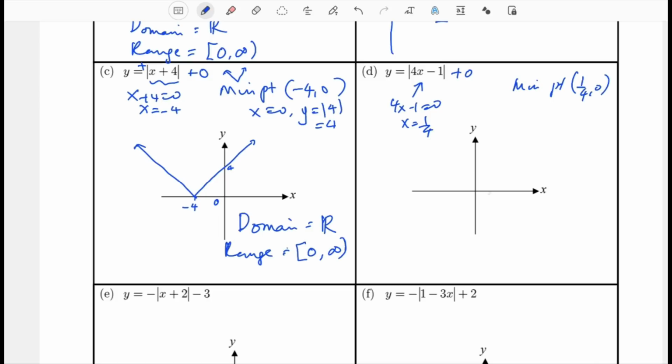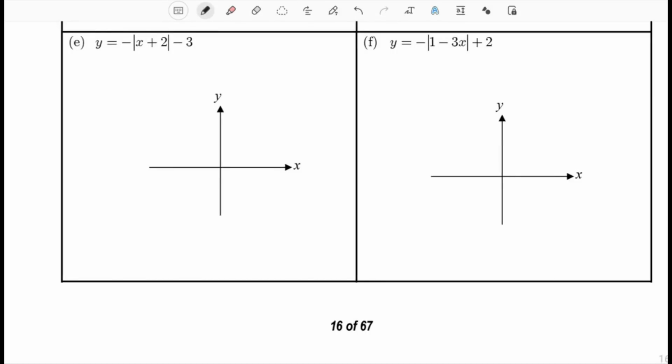So find your (1/4, 0) somewhere here. Okay, when x is 0, you get y equals modulus of -1, which is 1. So something like this. So this is your 1. Okay, and the domain will be real numbers, the range will be [0, infinity) again.